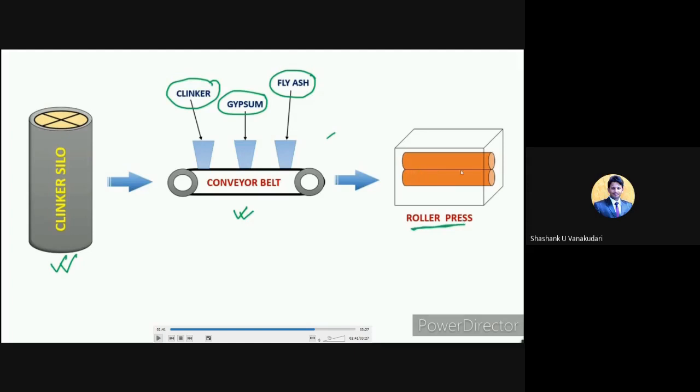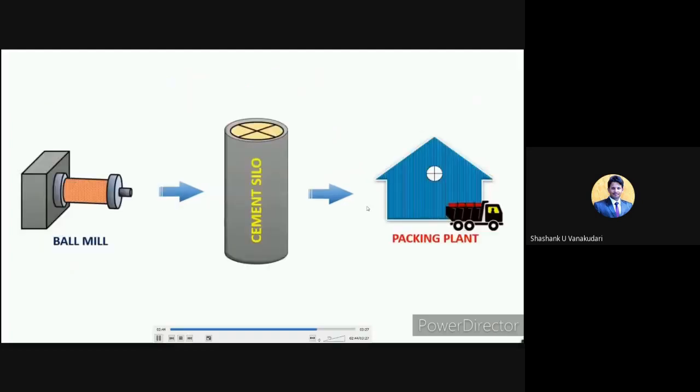Within these rollers the powder passes, and through the rotation of the rollers the powder is formed uniformly. Then it is sent to the ball mill. There it is hit with steel iron balls, so that all the particles of clinker, gypsum, and fly ash, if we have added it, mix thoroughly.